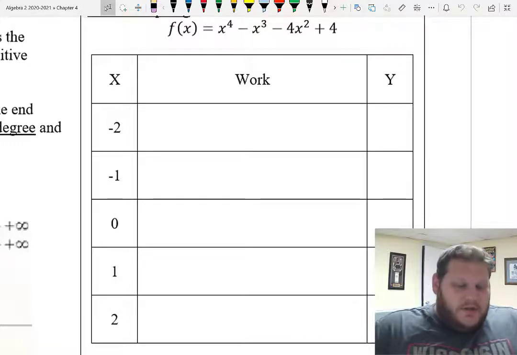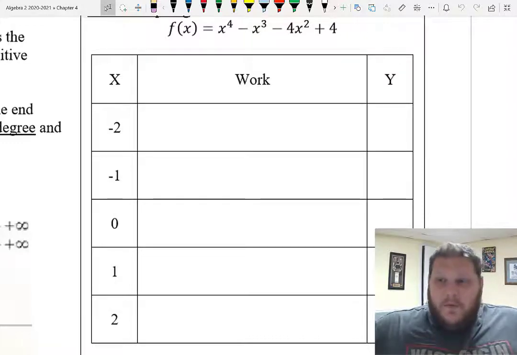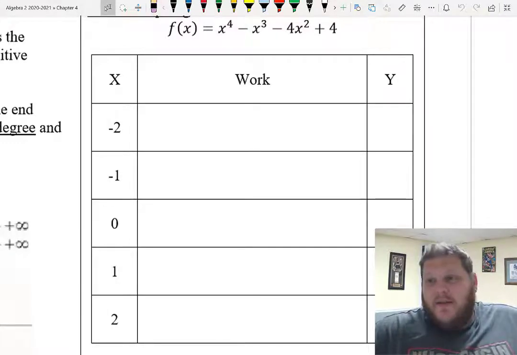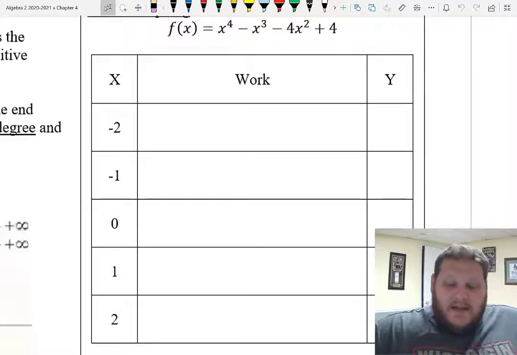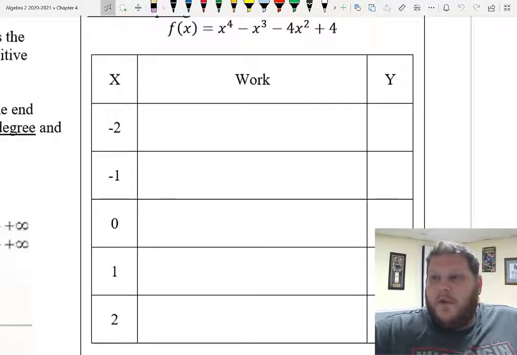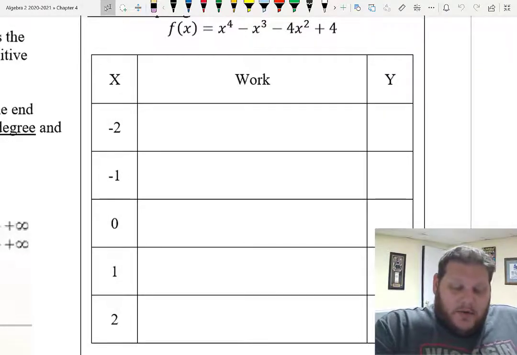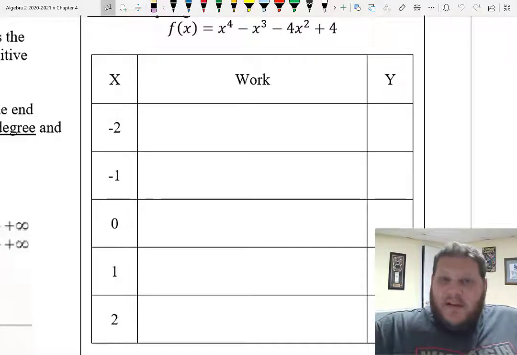So just like we did in the previous box 2, I'll plug in some different x values to get some y values back out. My equation this time around is x to the 4th power minus x cubed minus 4x squared plus 4. So I'm going to be plugging in different x values.